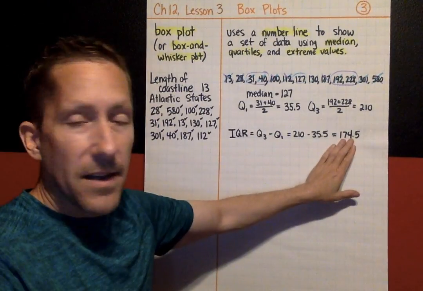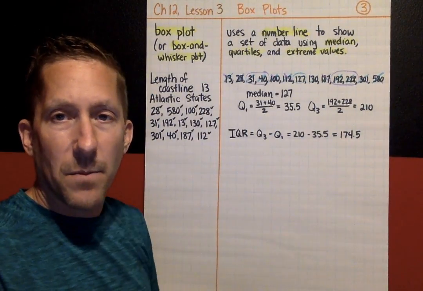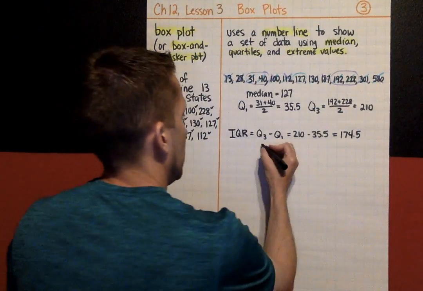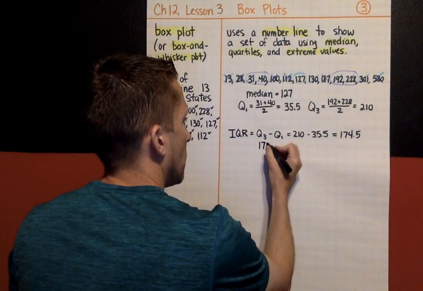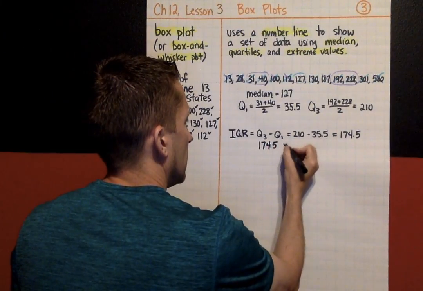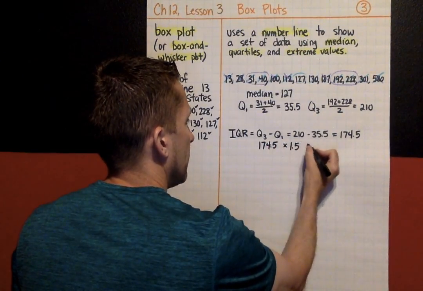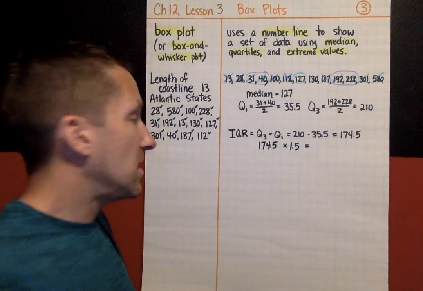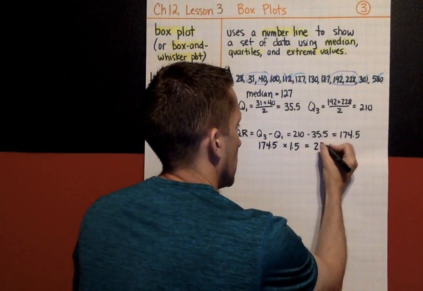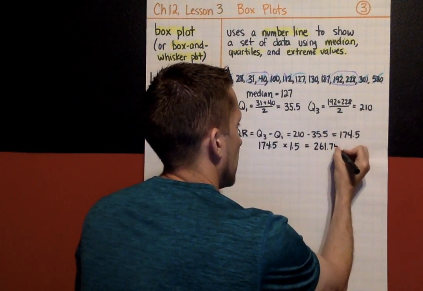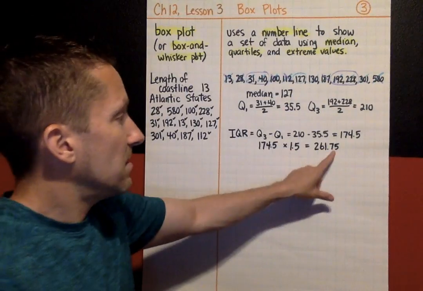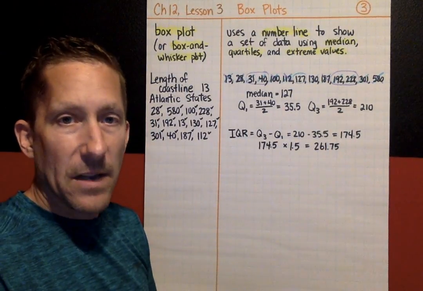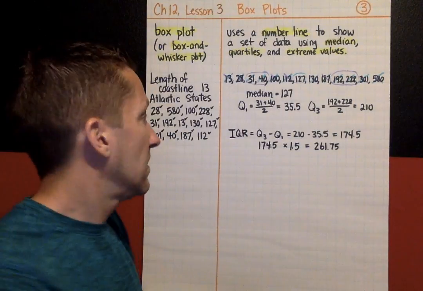And remember, you take the interquartile range and you always multiply that by 1.5. So I take 174.5 times 1.5, type that in the calculator, and we get 261.75. This is the number we're going to use to see, do we have any outliers in our data or not?